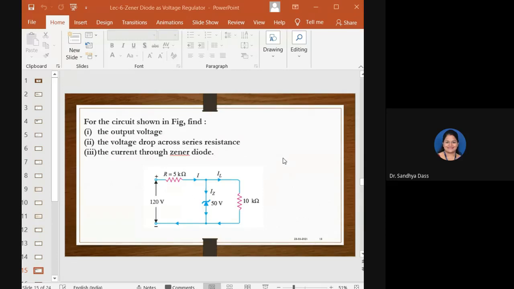And to derive the current through the Zener diode, apply KCL at this node, which will give you IZ. When you apply KCL, you have the expression I is equal to IZ plus IL. From the other parameters, you can calculate the unknown parameters to find IZ. I have given you the hints, and I expect you to solve and give me the answer right now in the chat box.